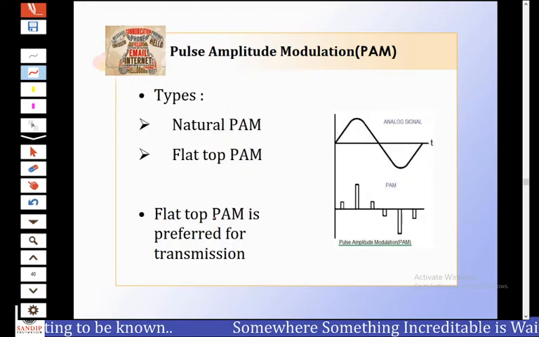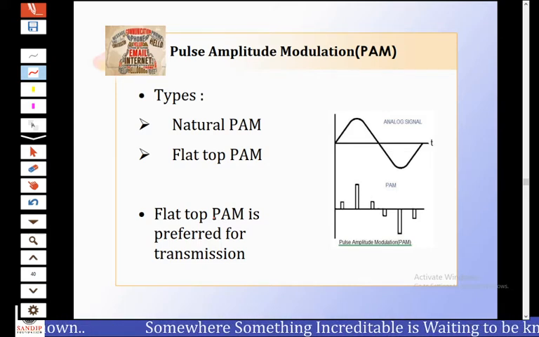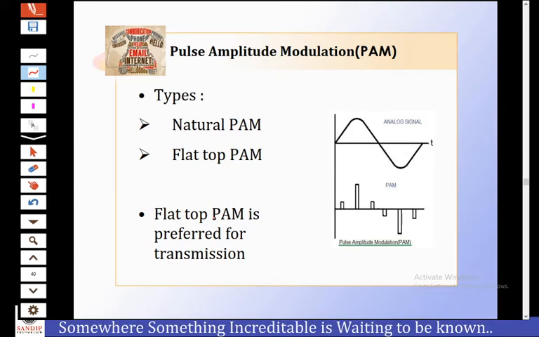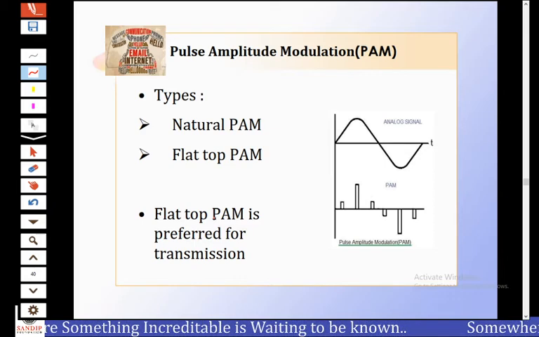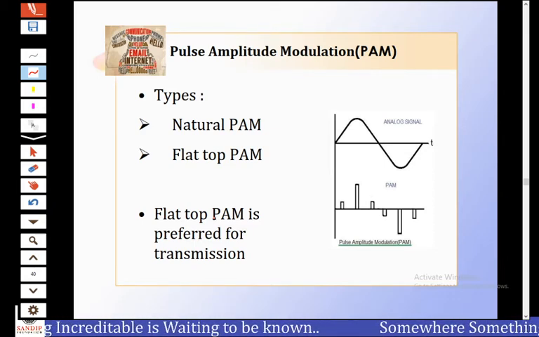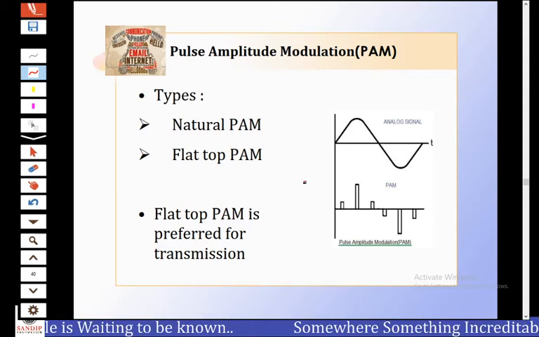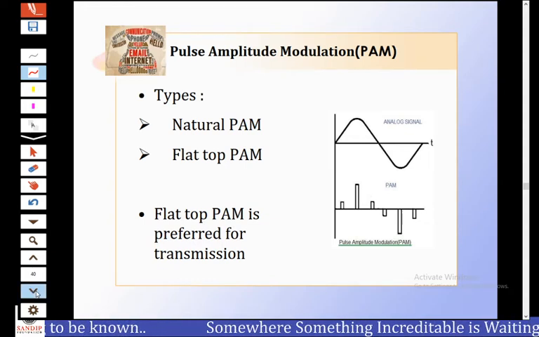Now, the pulse amplitude modulation techniques are of two types that we have studied already, that is natural pulse amplitude modulation technique and flat top pulse amplitude modulation technique. And hence we know the flat top pulse amplitude modulation technique is preferred for transmission. So this is the generation method of pulse amplitude modulation technique.